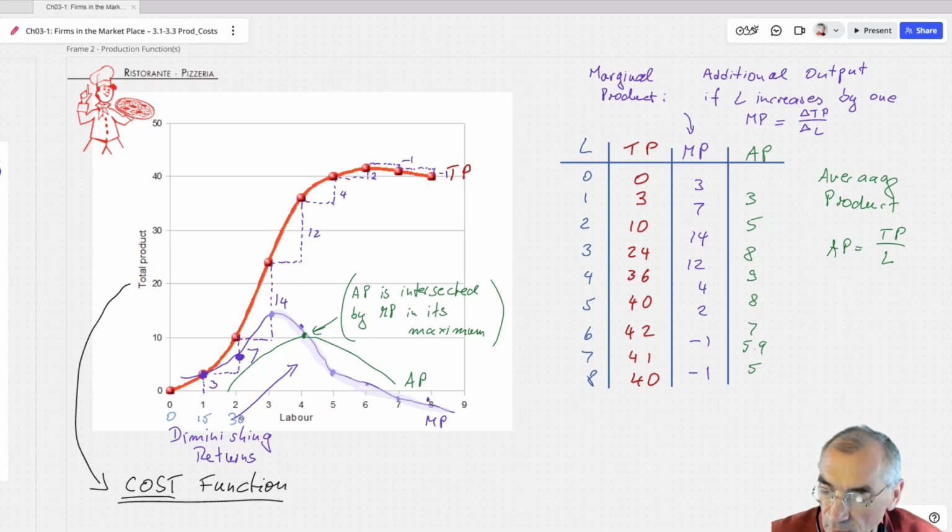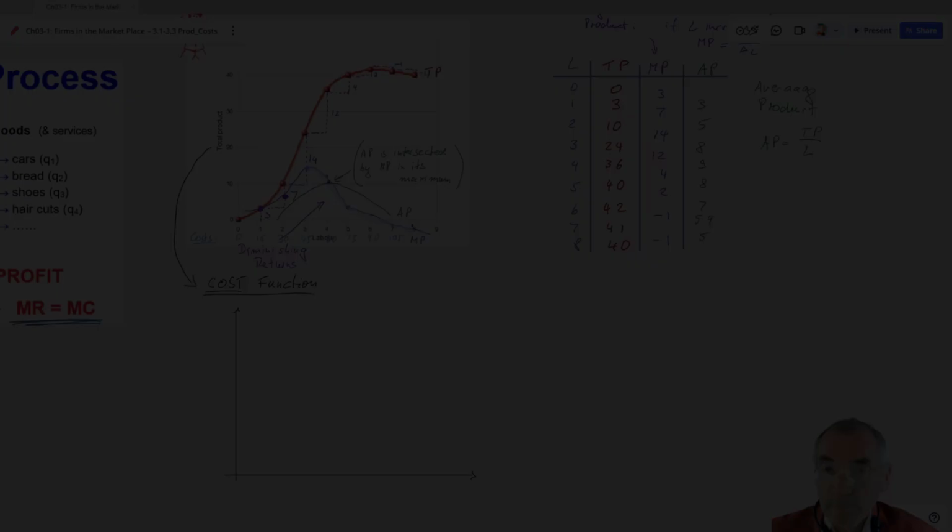They are 30 if I hire 2, 45, 60, 75, 90, and so on, 105, are the costs. So this, we could say, is how we transferred this axis into a cost axis, which here might be costs to employ workers.